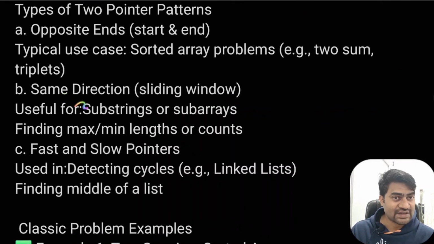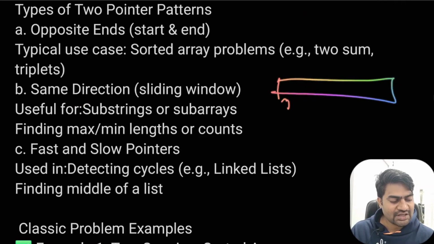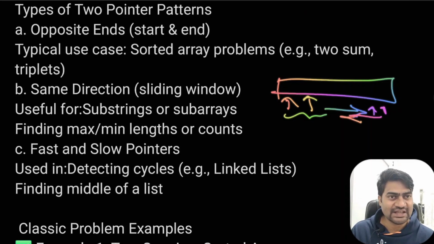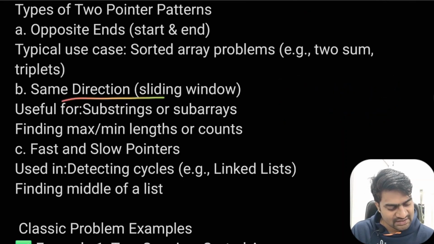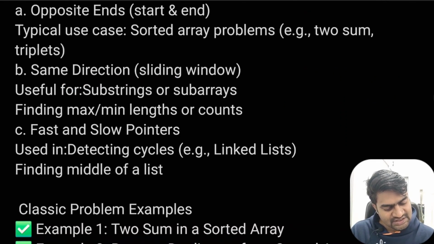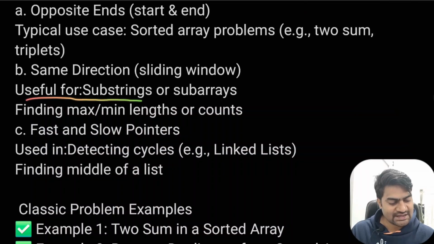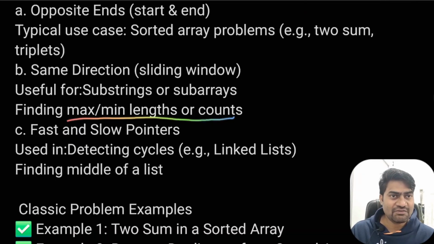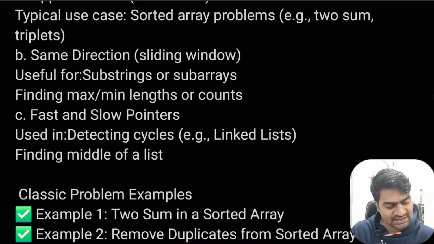So this is another variant where both pointers will be pointing something like this, and both will move towards the right, or they will point at the end and move towards the left. If you see, this is useful for finding substrings or subarrays and max, min, lengths or counts. We will see the problems later for this sliding window variant.